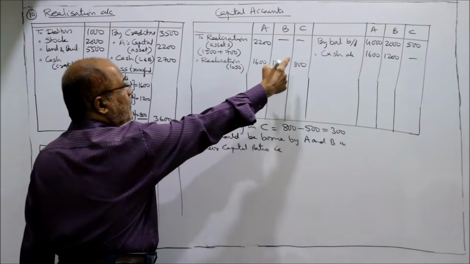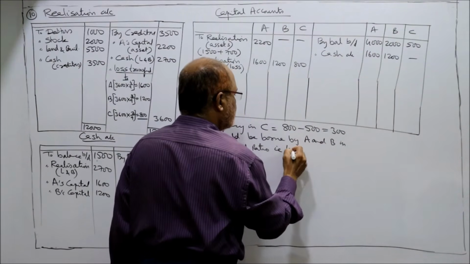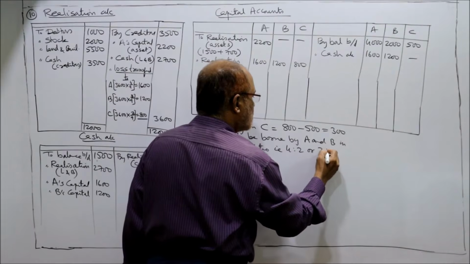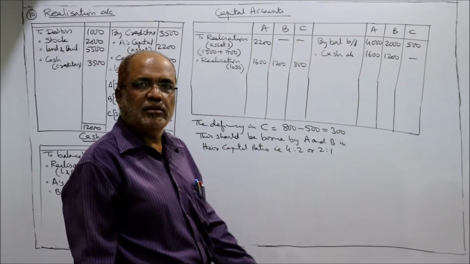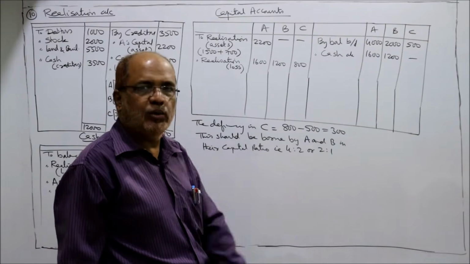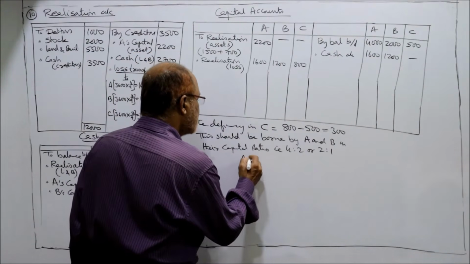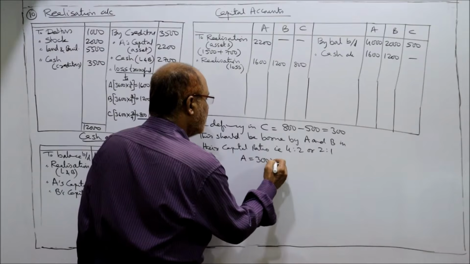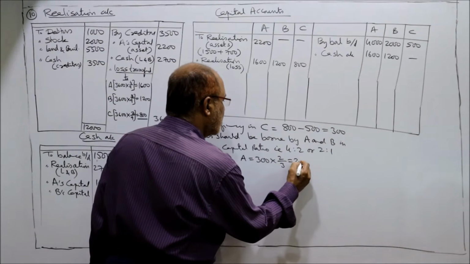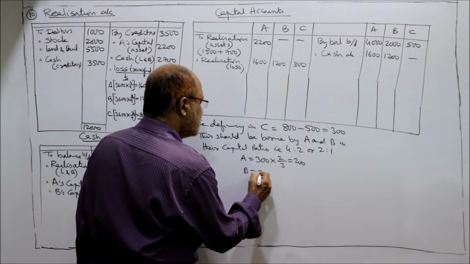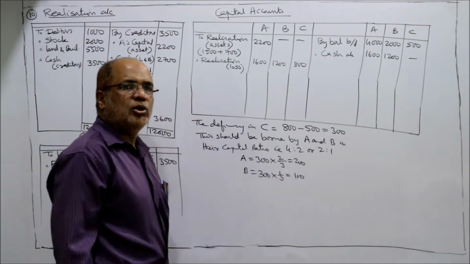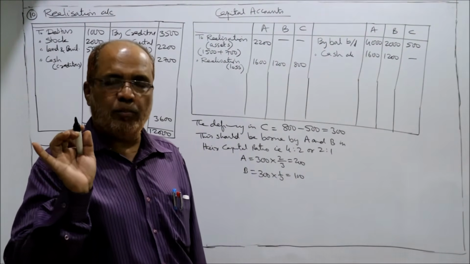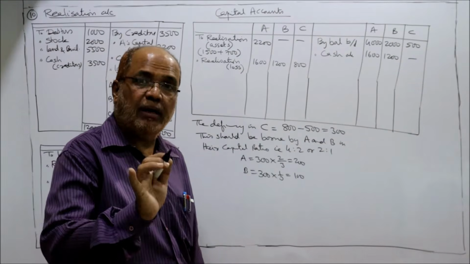That is, what is the capital? 4:2 or 2:1. 4000 is to 2000. 3 zeros निकाल दो. 4:2 or 2:1. तो A's share of deficiency is 300 into 2 by 3, 200. B's deficiency is 300 into 1 by 3, 100. तो 200 rupees loss should be borne by A, 100 rupees loss should be borne by B.